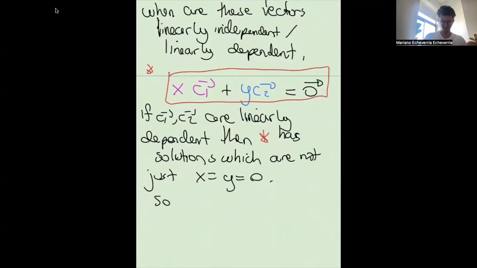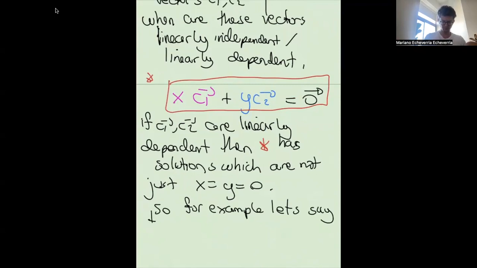So say for example, let's say that y is non-zero.